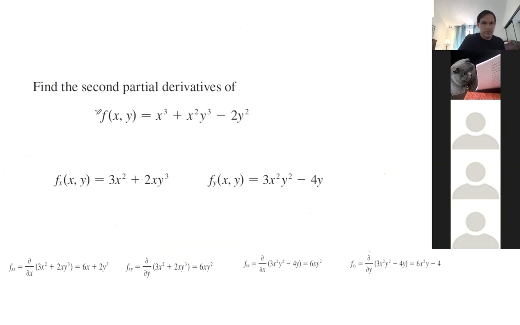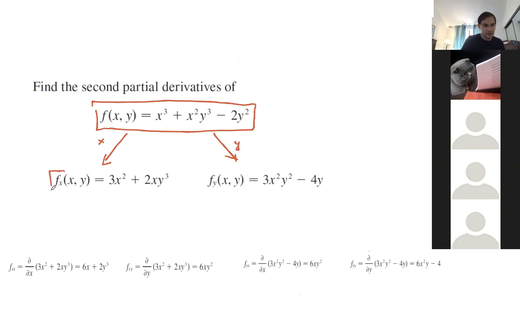Second partial derivative: we have a function f of xy. If I have a function f of xy, then I can compute the x derivative of this function, but also I can compute the y derivative, the partial derivative with respect to y. That will give me a new function of x and y. So this is the partial derivative of my function f with respect to x, and this is the partial derivative of my function f with respect to y.